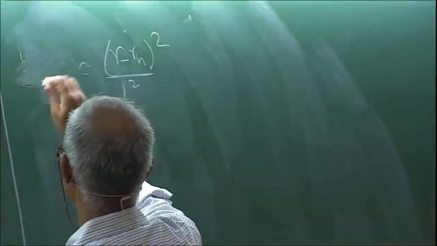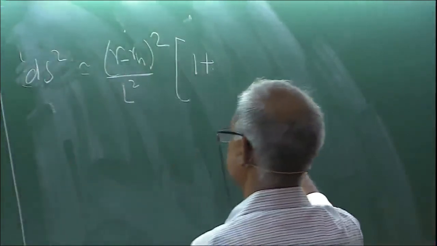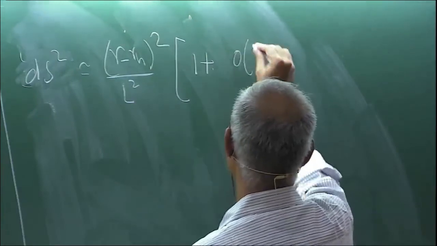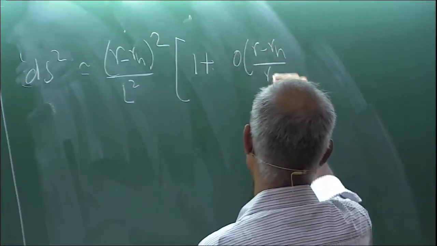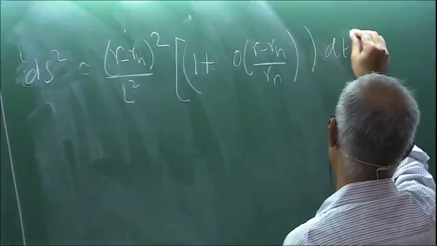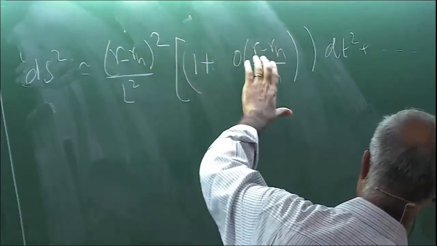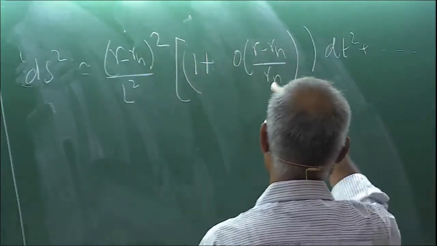So the metric would be 1 plus something of order delta R over R_H. Okay, so there's an AdS2 part and there are corrections. The corrections are again of order delta R over R_H. They're of the same order as these corrections are.